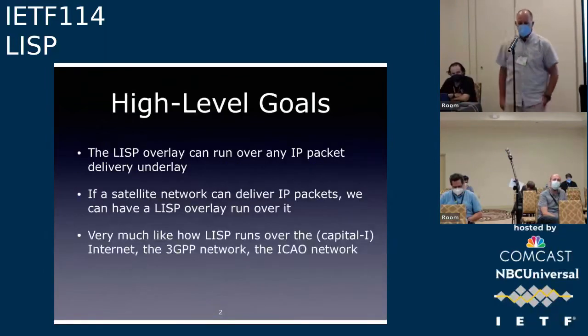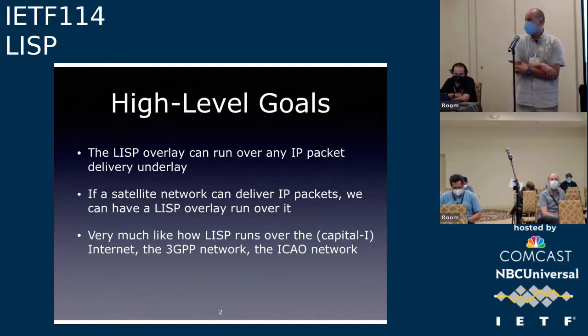The high level goal for this draft is that we know a Lisp overlay can run over any IP packet delivery underlay, be it IPv4 or IPv6. If the satellite network can deliver IP packets, which the existing satellite networks I know that are in operation today can do, we can have Lisp run as an overlay on top of that satellite network without touching anything in it.